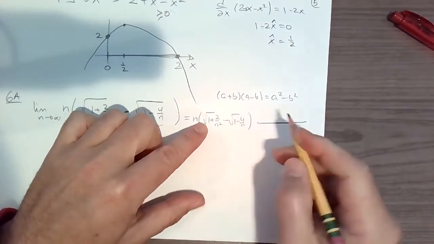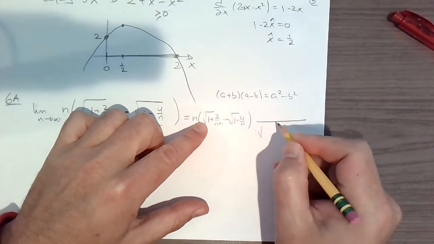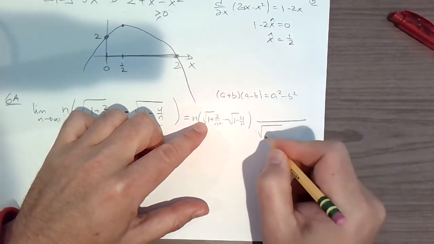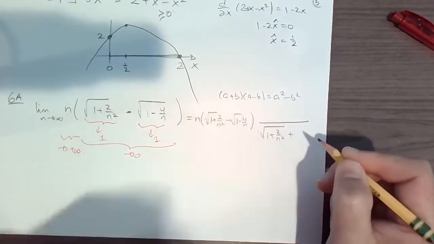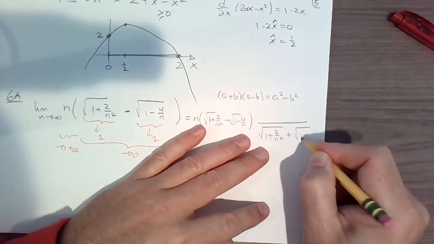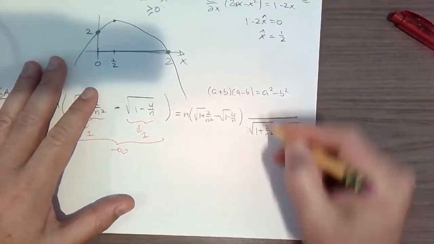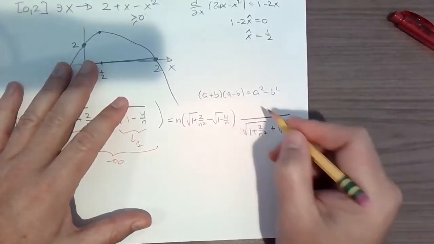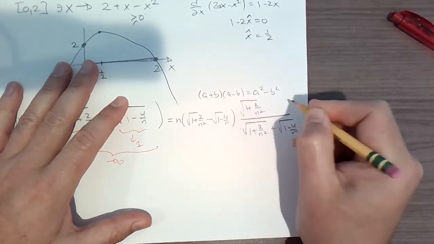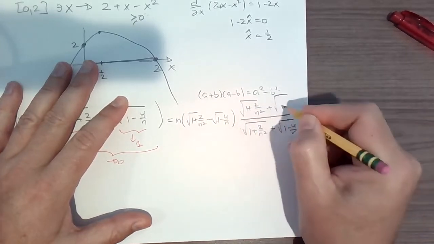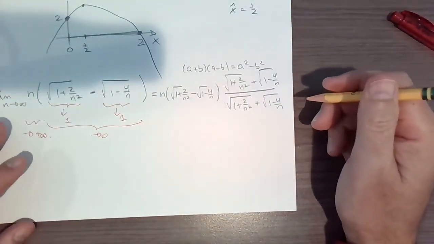The troublemaker is these two, so I'll just have those. So I have 1 plus 2 divided by n squared, and then I'll put a plus instead of a minus, and then I'll put the same thing on top. I didn't do anything, I just multiply and divide by 1.